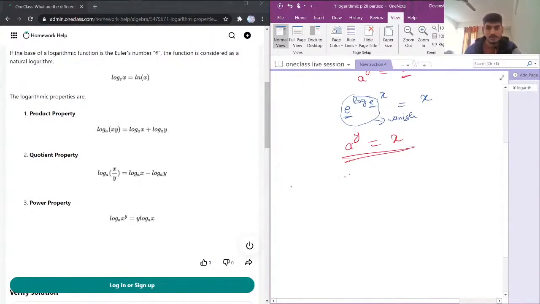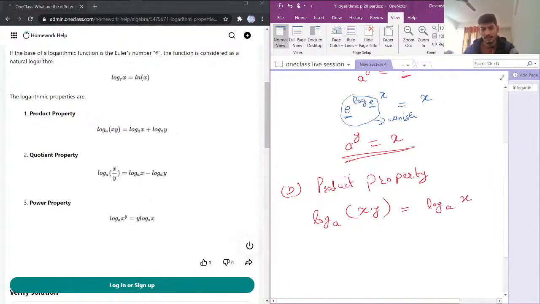So now we'll go for product property. Log base a of x into y will be equal to log of x with base a plus log of y with base a.